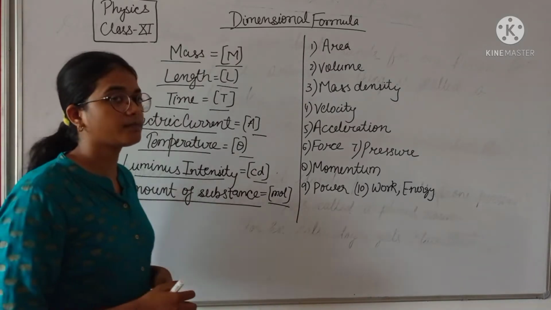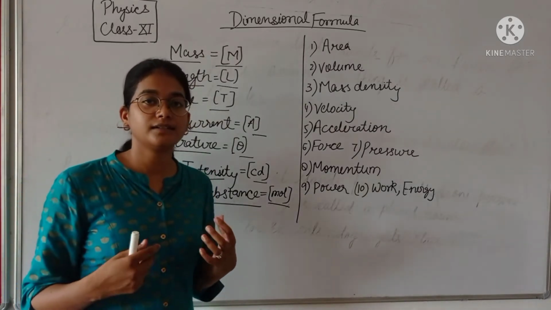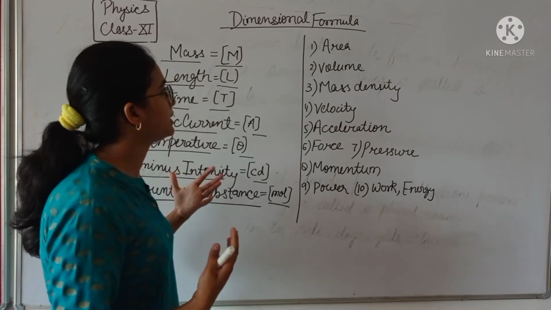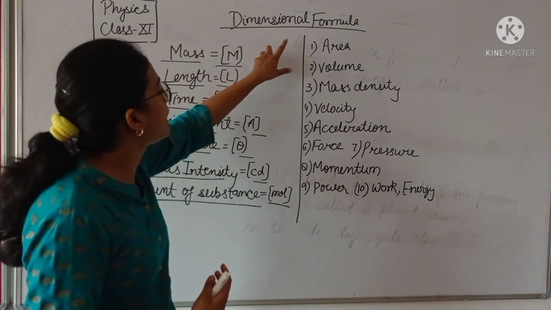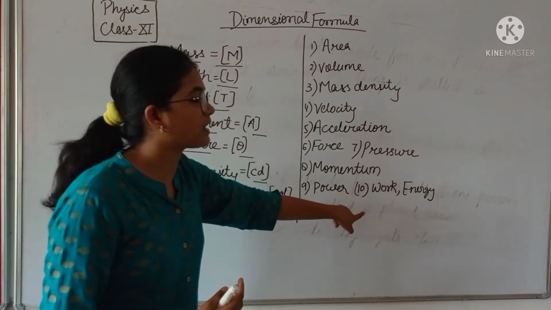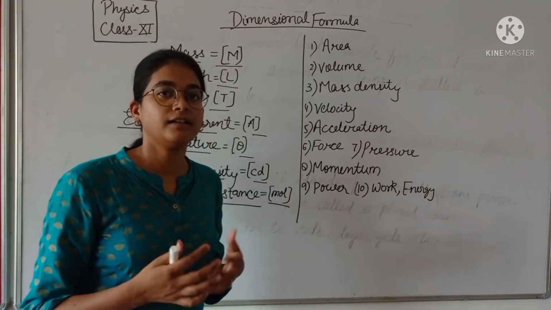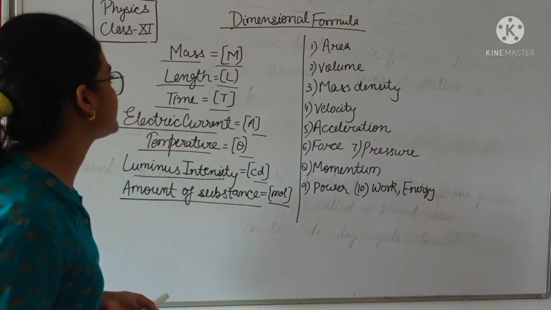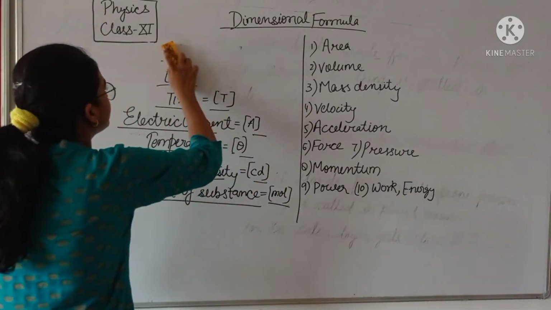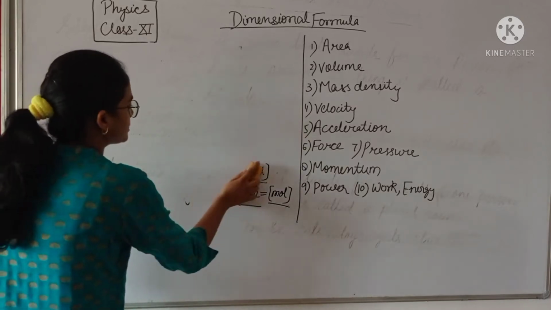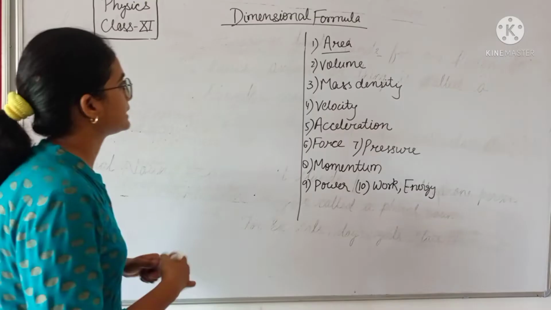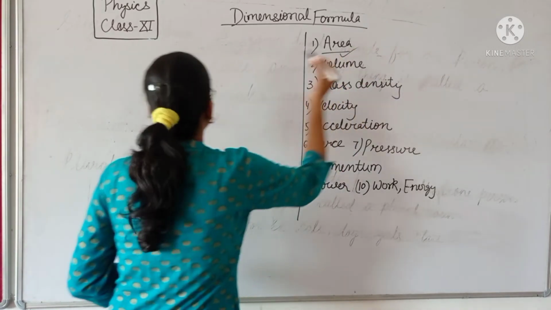Okay, so now we will learn how we can calculate the dimensional formula for physical quantities. I have taken 10 examples and I will try to make you understand how we can calculate the dimensional formula for each of them. What is the dimensional formula for area?